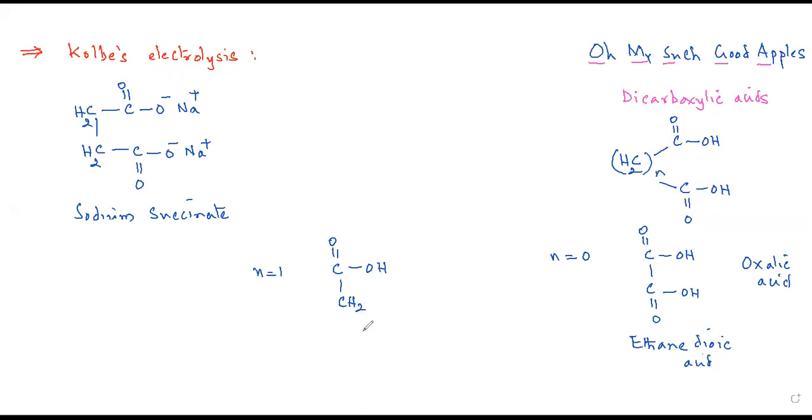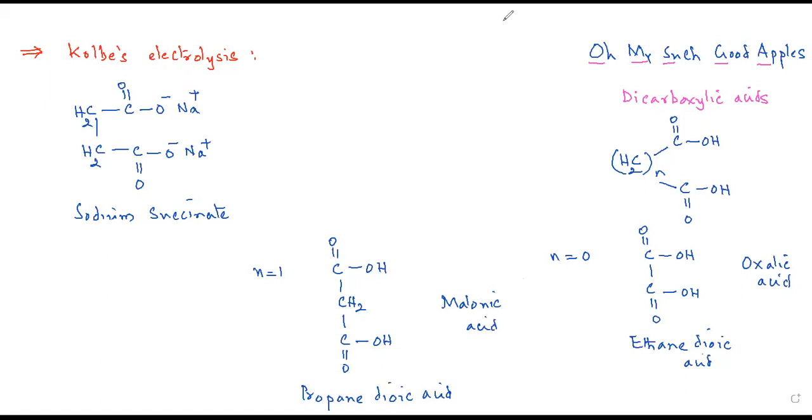Look at this. You get a CH2 in between. So n is 1. This is, of course, propane dioic acid, also known as malonic acid.